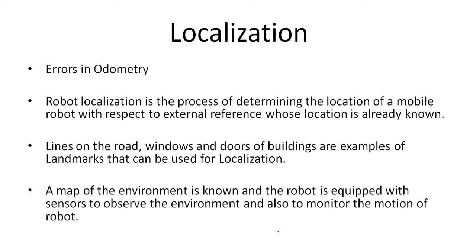Localization can be used to further reduce the errors in the odometry and improve the measurement of the position of the robot. So this is an advantage of localization. Now, how can we calculate the position in actual? Now we shall learn about it.